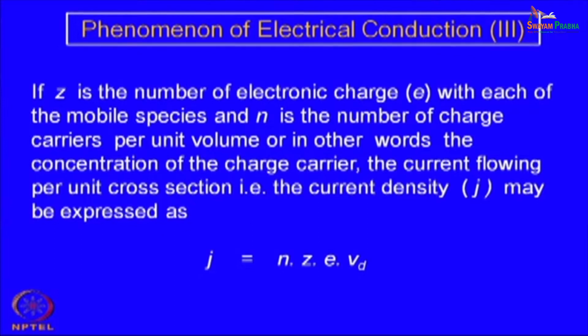The current flowing per unit cross section of the solid, that is the current density J, may be expressed as J equal to N Z E V D. Once again the velocity comes in, and the concentration, and Z E is the total charge per species, and N is the concentration of that particular species. So, the total flux density or the current density per unit area is equal to N Z E V D. V D is the velocity with which it is moving when you apply an electric field.